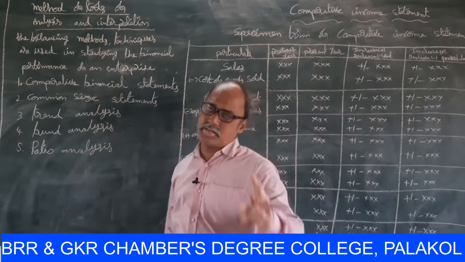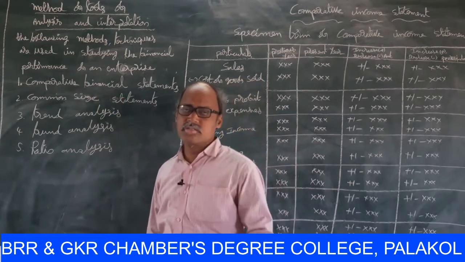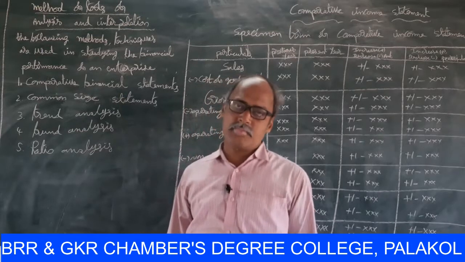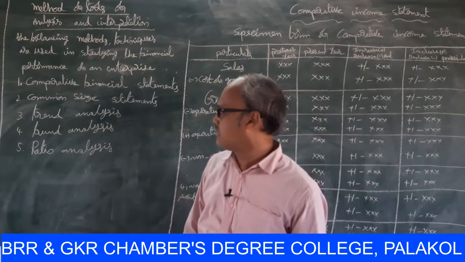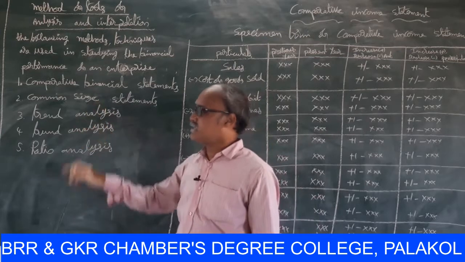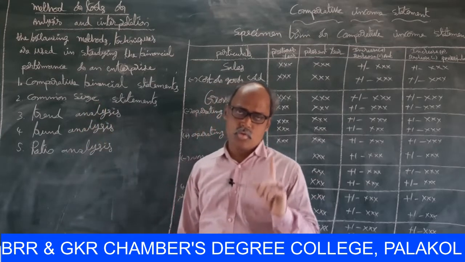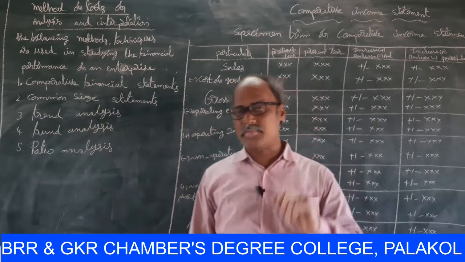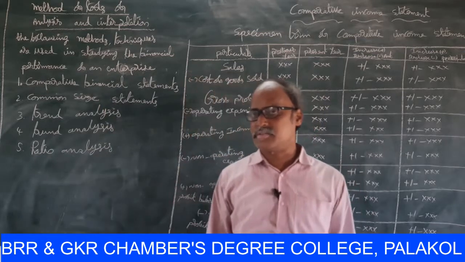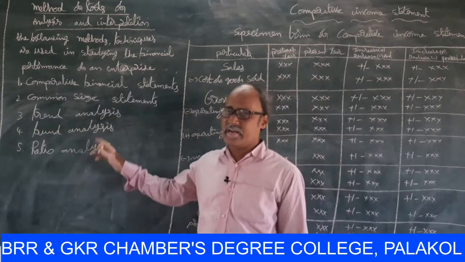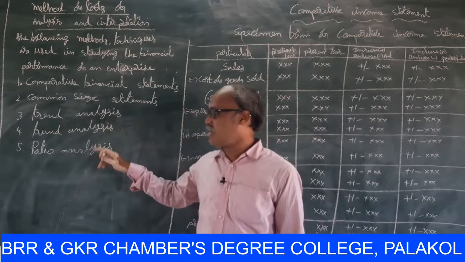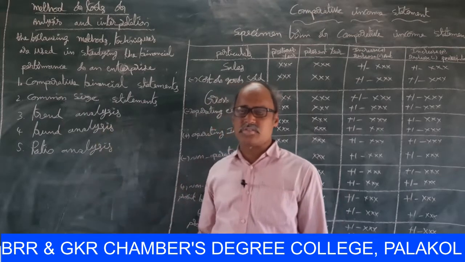Comparative financial statements are 2 types: comparative income statement and comparative balance sheet. Common size statements are 2 types: common size income statement and common size balance sheet.